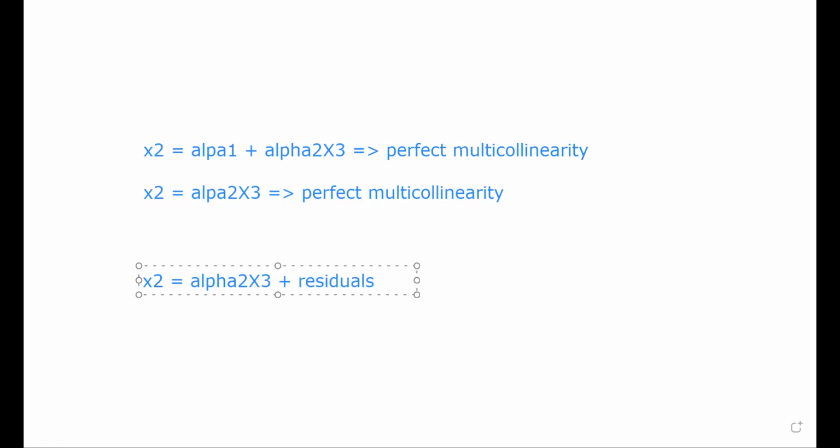We have a residual here, which means this one is imperfect multicollinearity. In the case of imperfect multicollinearity, we can still calculate the coefficient of the parameters. But in perfect multicollinearity, we cannot calculate the parameters.